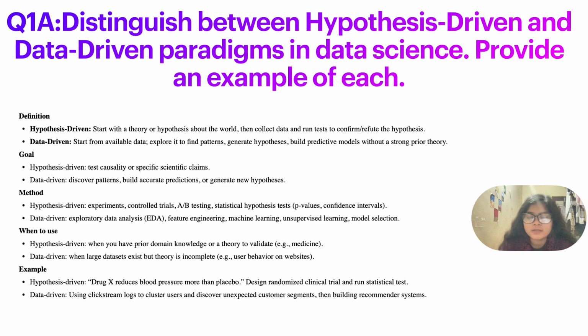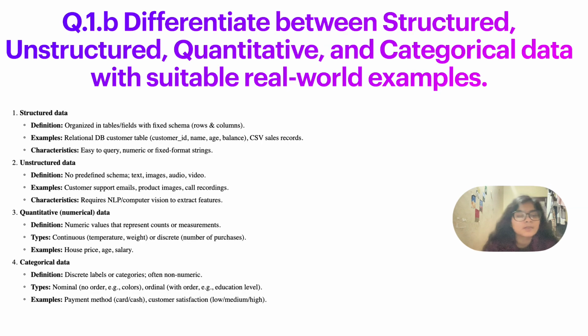Moving to the next part of this question, question A B: differentiate between structured, unstructured, qualitative, quantitative, categorical data with suitable real world examples. Structured data is organized in tables with a fixed schema and fixed data types, and it is stored in a database.